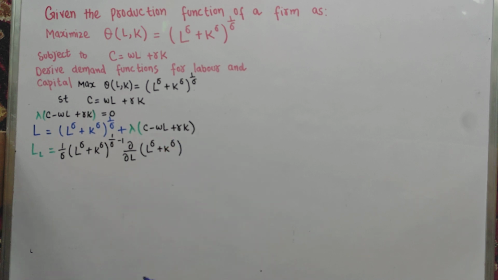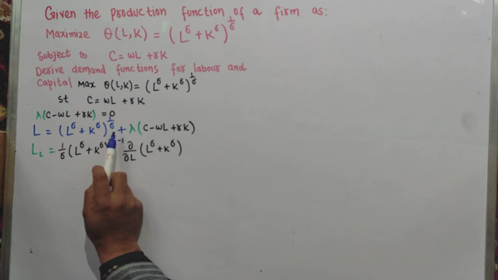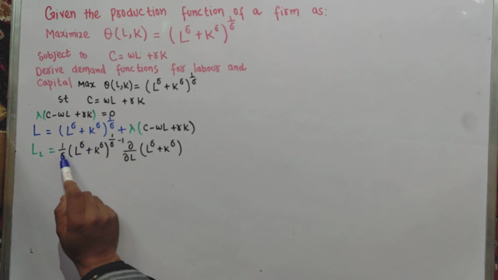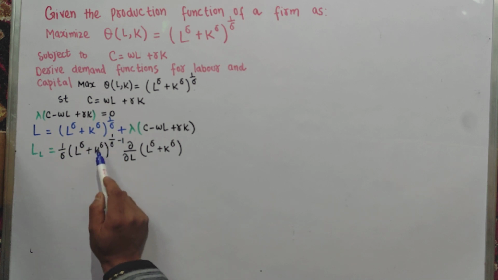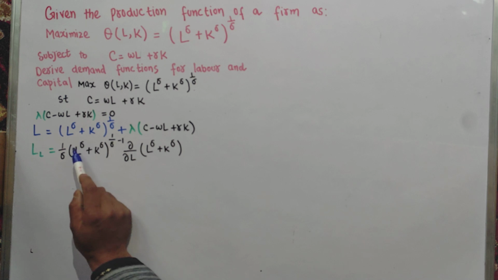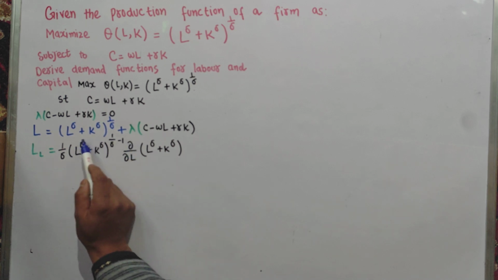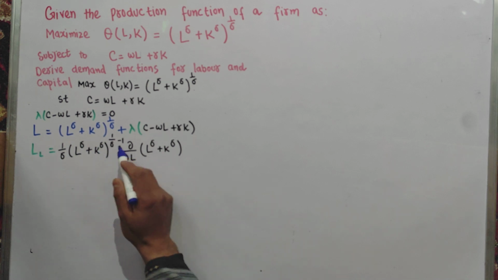Since I am differentiating partially with respect to L, first we apply the power function rule, so the exponent becomes the coefficient and the exponent is subtracted by 1. Then we differentiate whatever is in the bracket, so we have ∂/∂L of L^δ + K^δ.